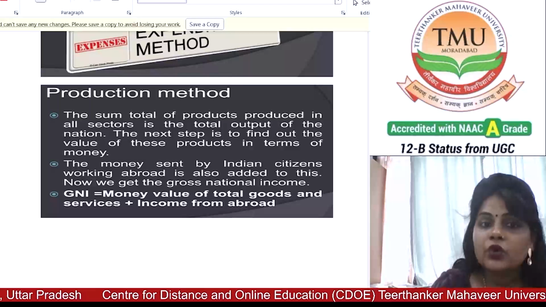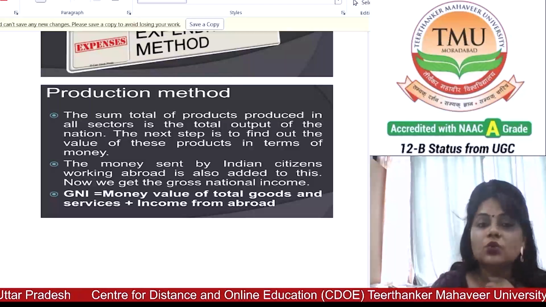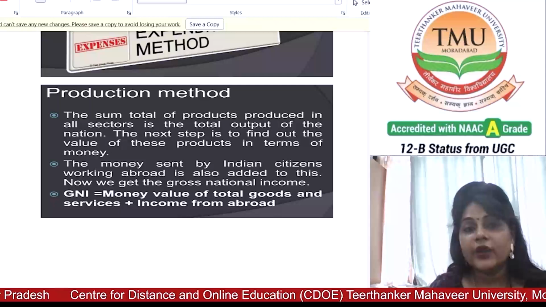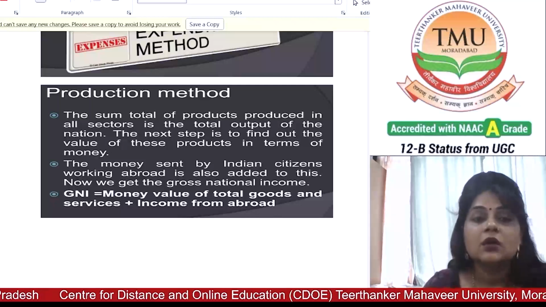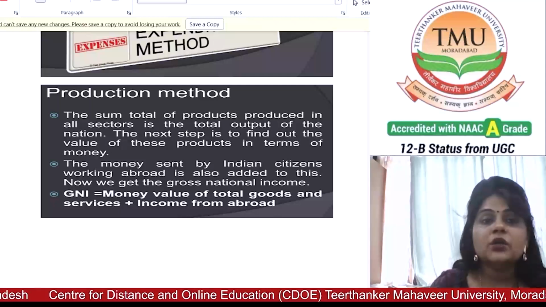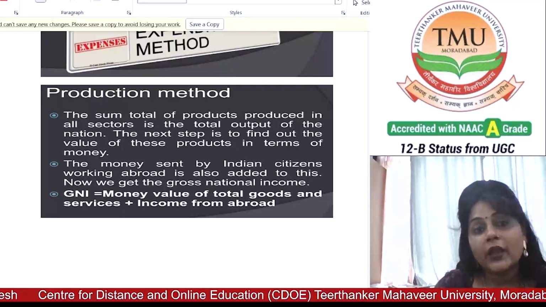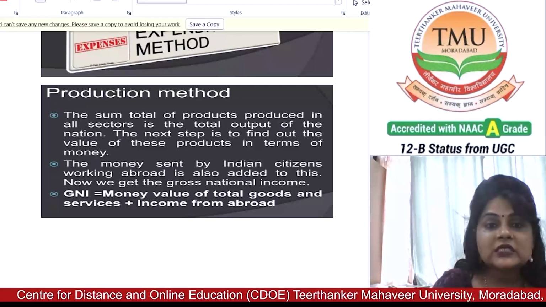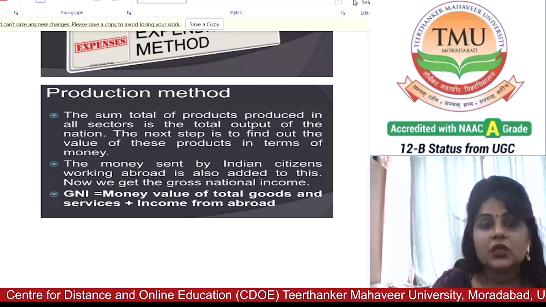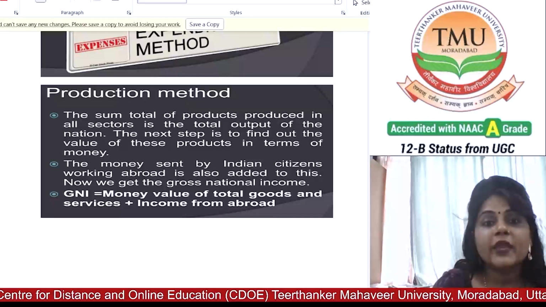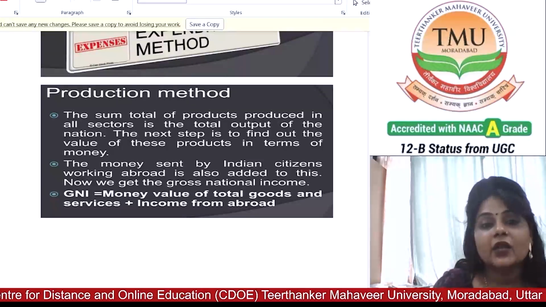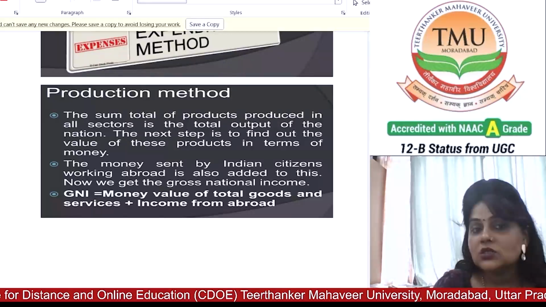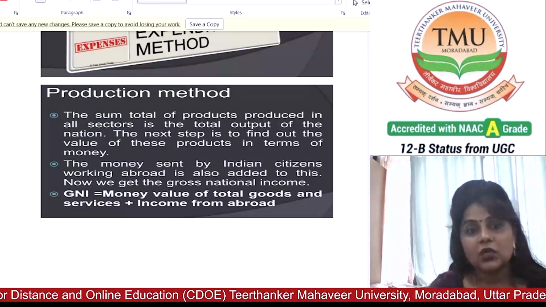Here, flour is an intermediate good. Its value is 30. It is the value of intermediate consumption. Bread sold to the public is the final good, whose value is 50 and is the value of output. It shows that the baker has added a value of 20 to the flow of goods and services in the economy.